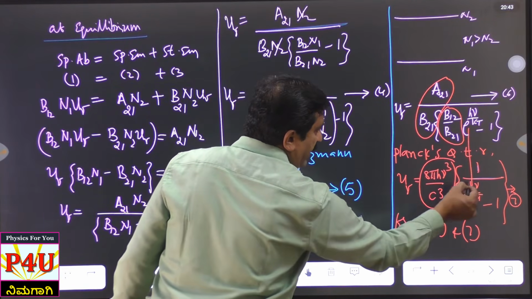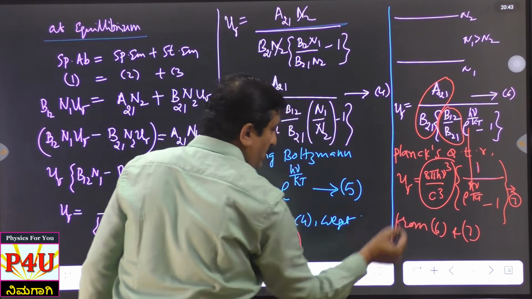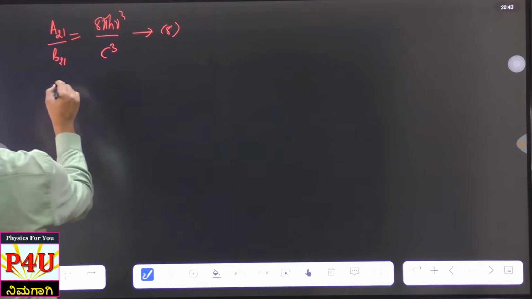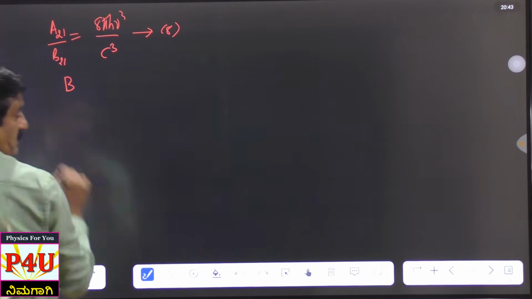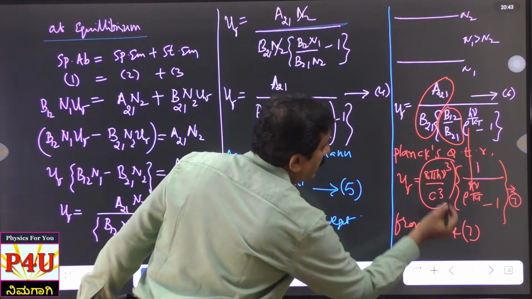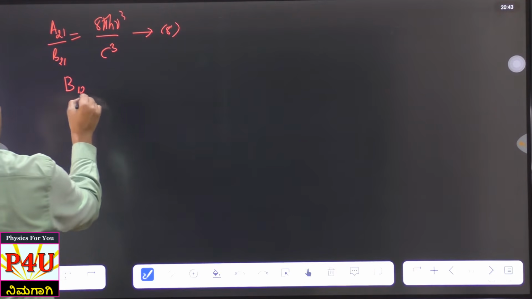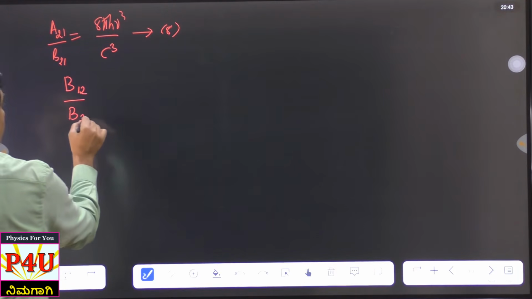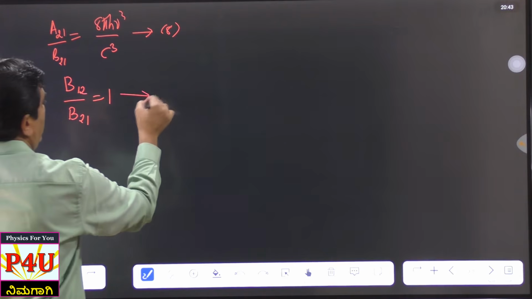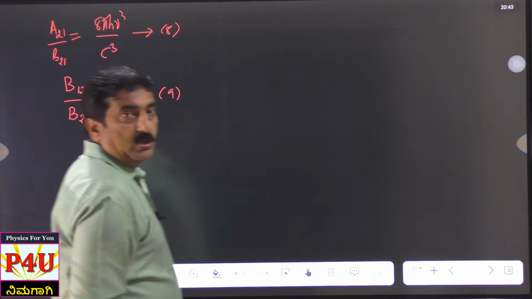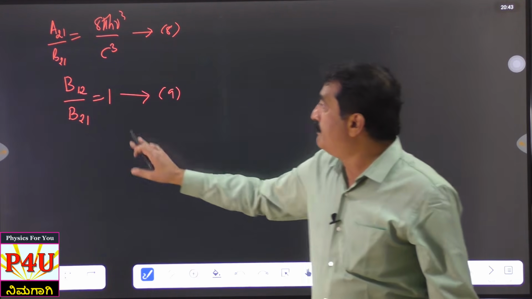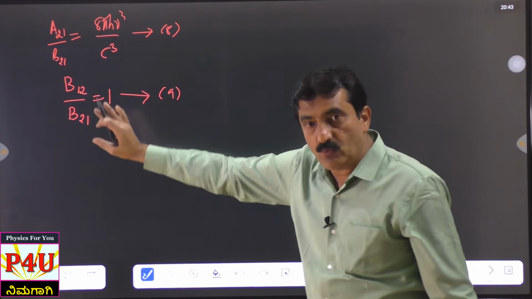This is matching. So in place of B12 by B21, we have only 1. This is equation number 9. So the B12 to B21 ratio is 1.